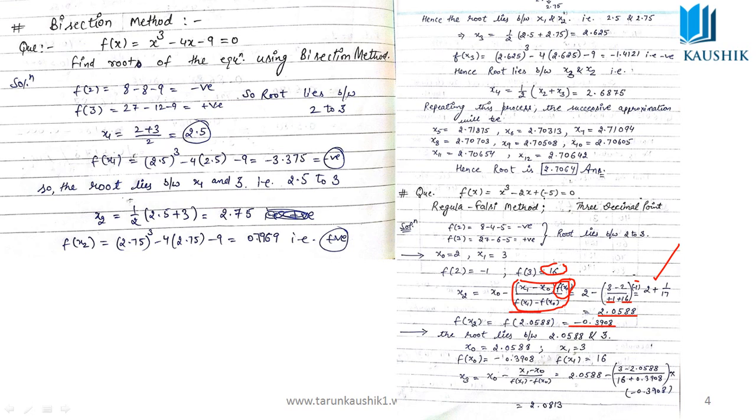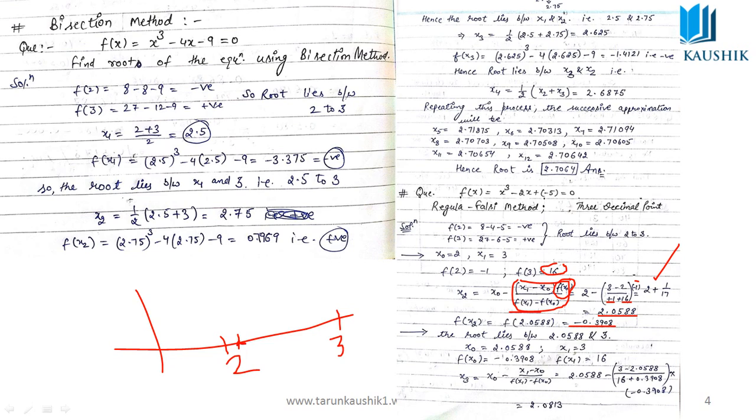Okay. What we have studied up to now is that if there are 2 points, let us suppose this is the point 2 and this is the point 3, and after solving with this regula falsi method, we have seen that the point is 2 point something, 2.058. The root will be lying somewhere here.